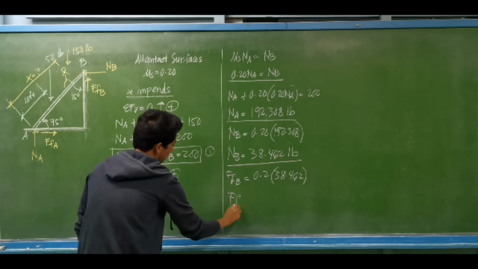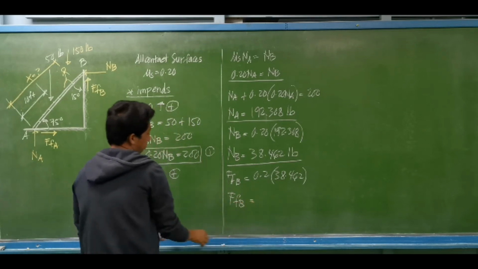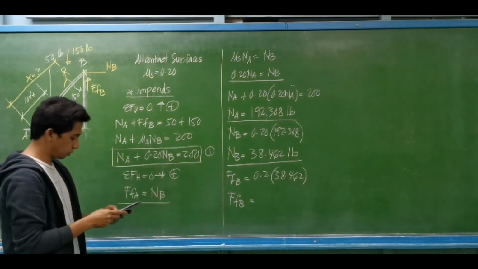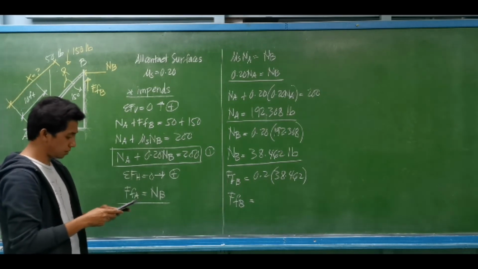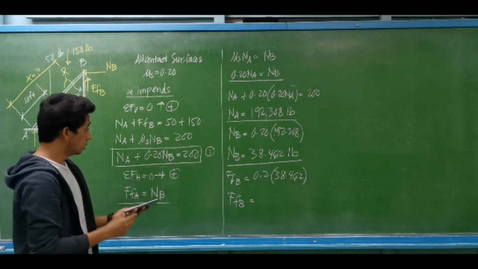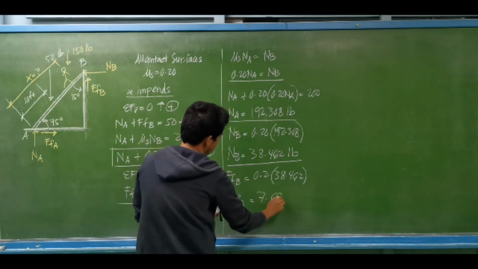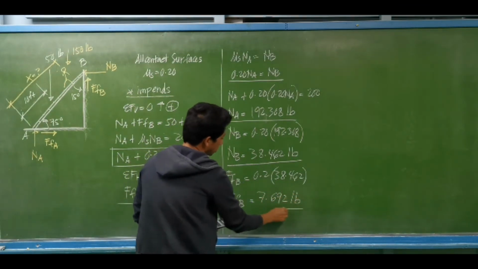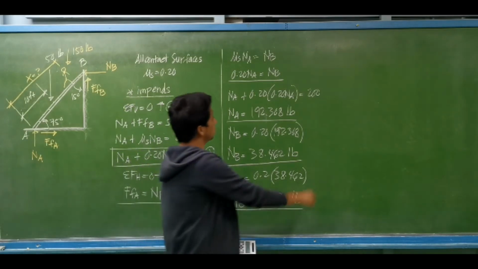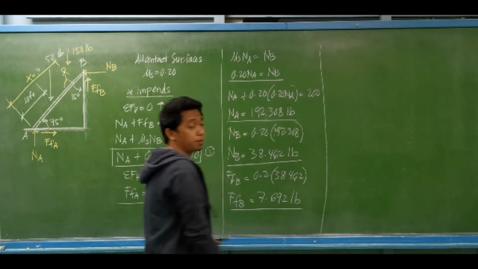We have now the frictional force at point B is 0.2 of 38.462. So we have this value as 7.692 pounds.